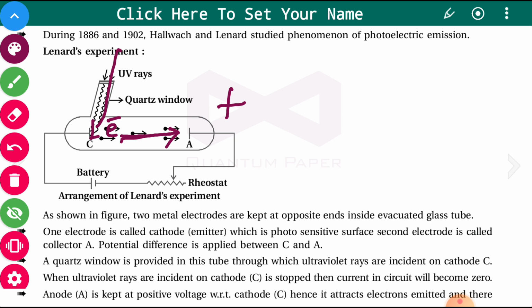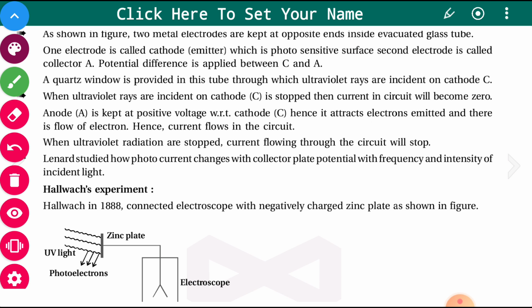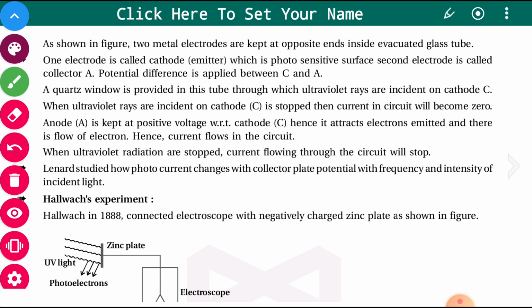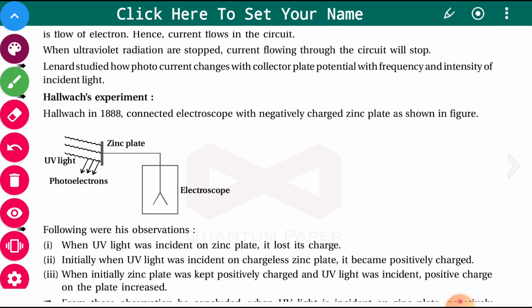So electrons are attracted by this positive potential and they will produce the electric current in the circuit. Okay, a quartz window is provided in this tube through which the ultraviolet rays are incident on this cathode. Now see, when ultraviolet radiation is stopped, the current flowing through the circuit will also stop.